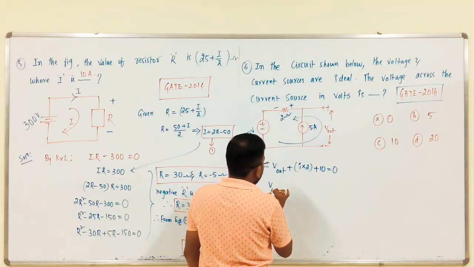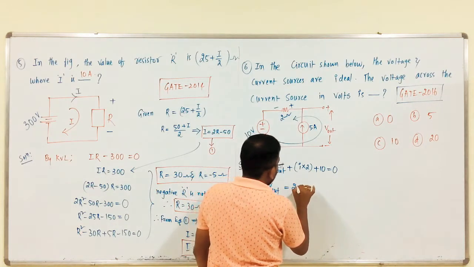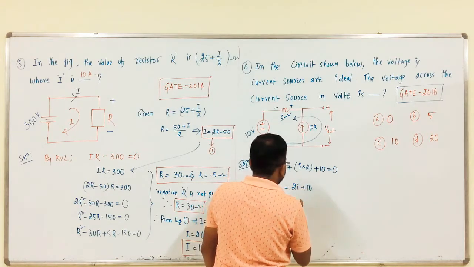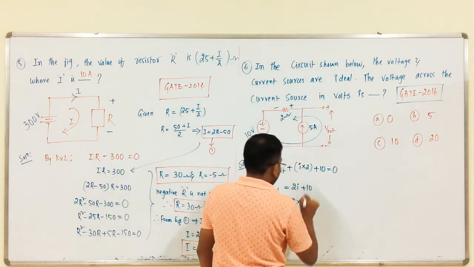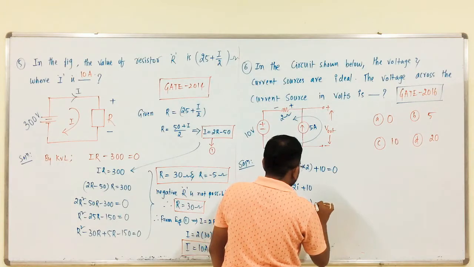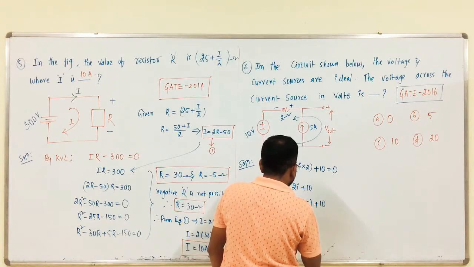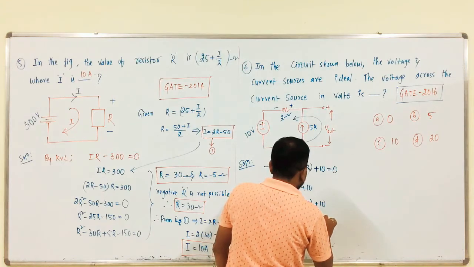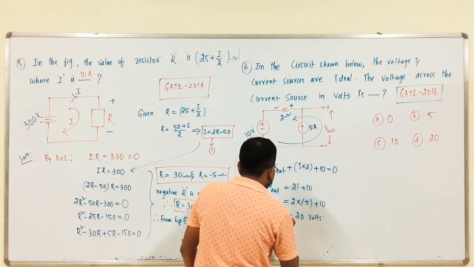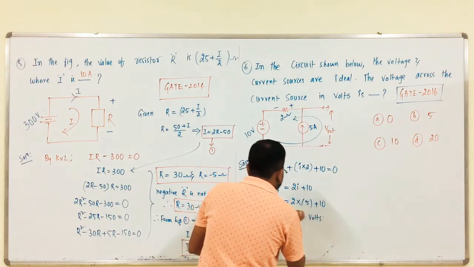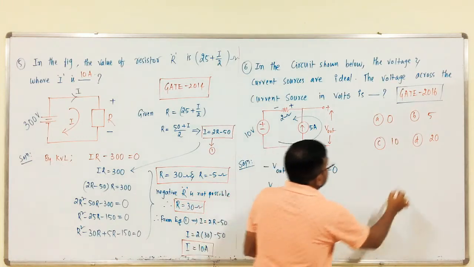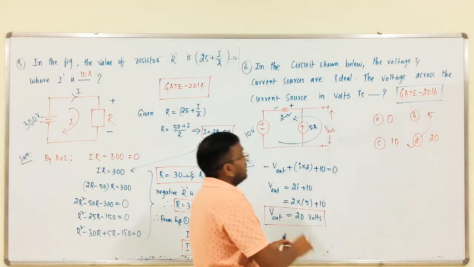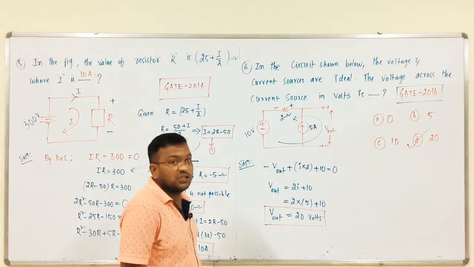So, from this V out is equals to what? 2I plus 10. Given I is equals to what? 5, plus 10, which is equals to what? 20 volts. V out is equals to 20 volts. Option D is correct. This is asked in GATE 2016.